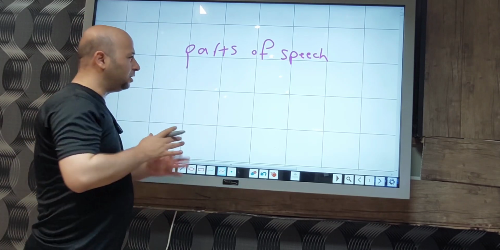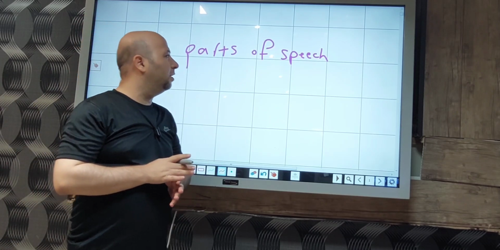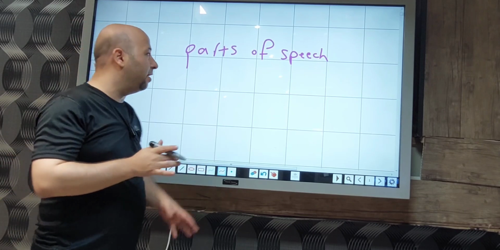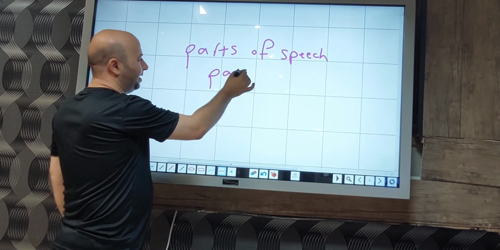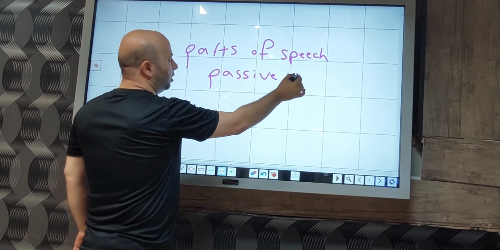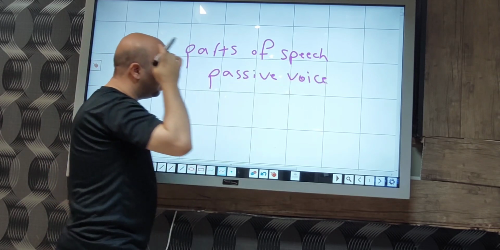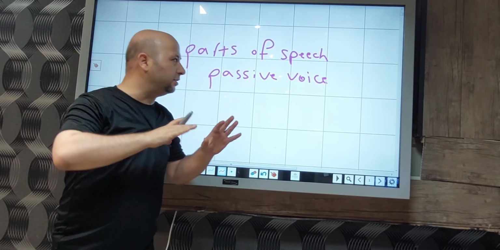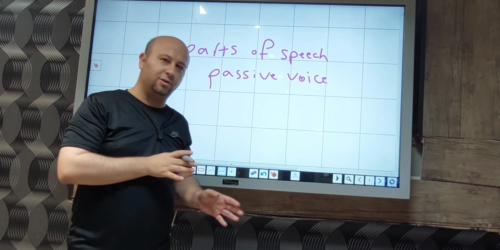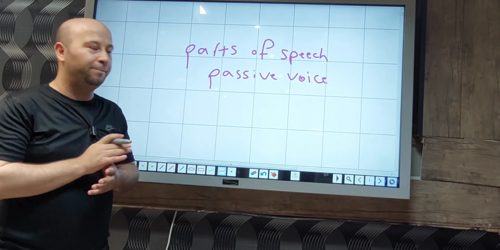What you really need to learn related to grammar is the passive voice. So what is it? It doesn't tell who is doing what, who is doing the action exactly.